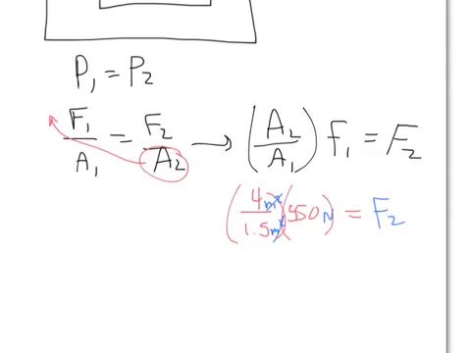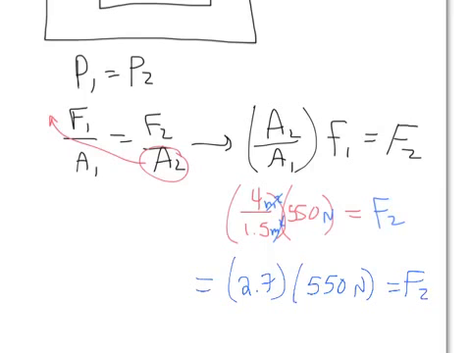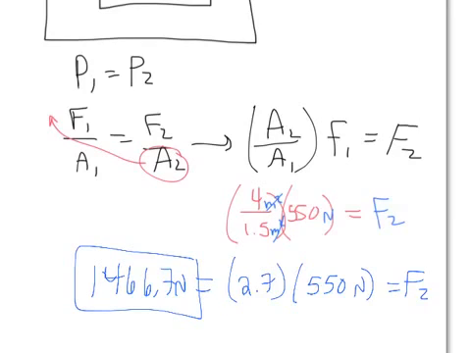This ratio of 4 over 1.5 is actually 2.7. And we take 2.7 and multiply it by 550 newtons, and as a result, the answer is 1466.7 newtons. So the maximum allowable weight of a car that could be lifted by a 550 newton push is 1466 newtons in this case.